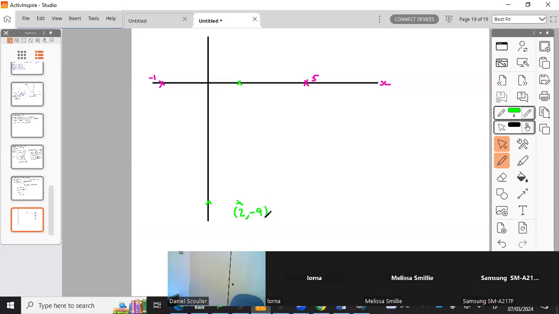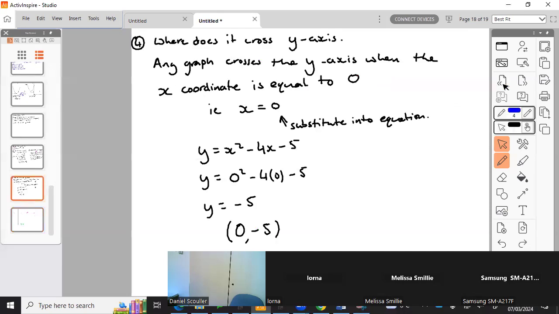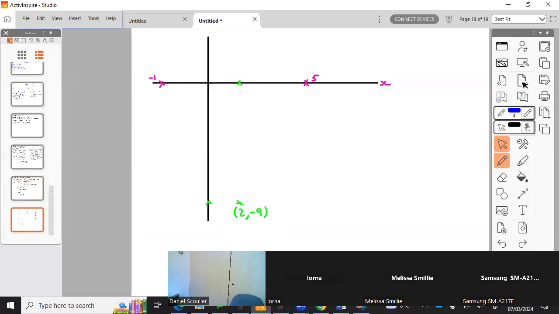And I'm cutting the y-axis at -5, so (0, -5).